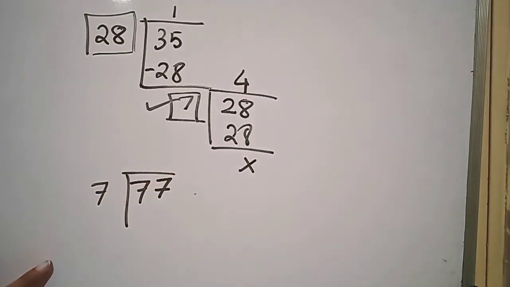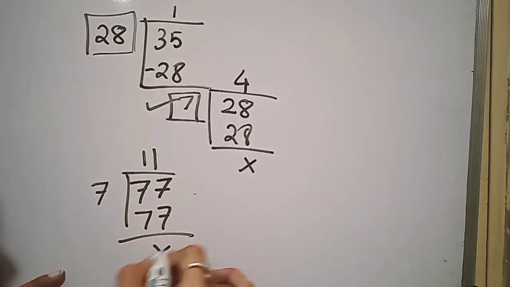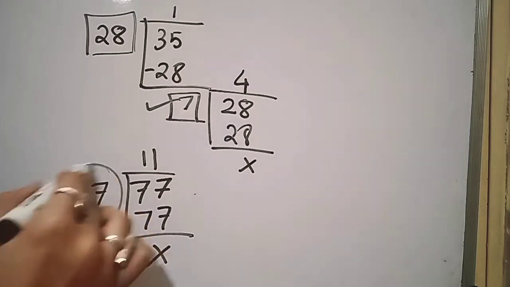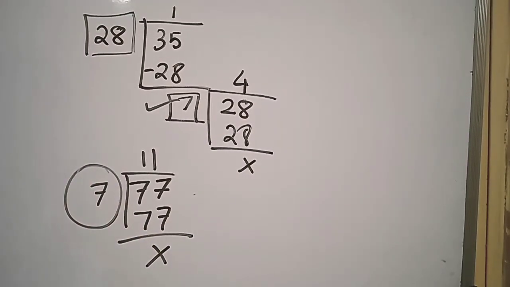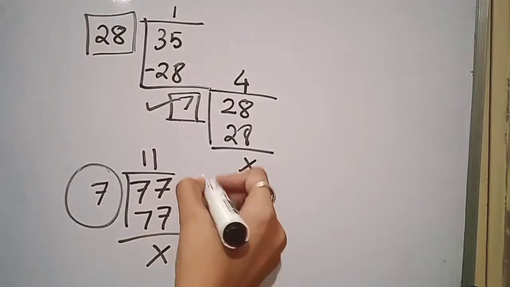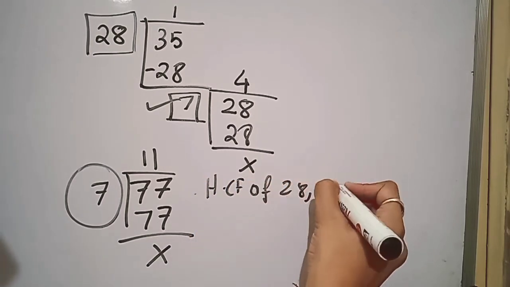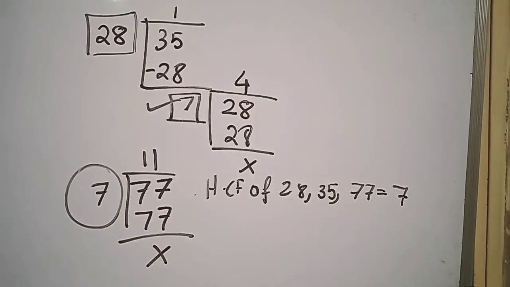As I know, 11 sevens are 77, so I will do it in one step, because 7 can divide 77. So the HCF of 28, 35 and 77 will be 7.